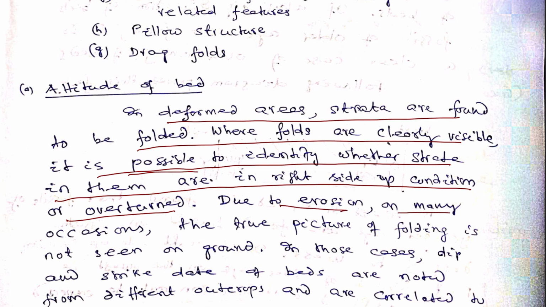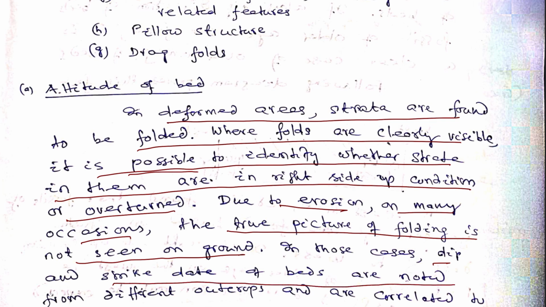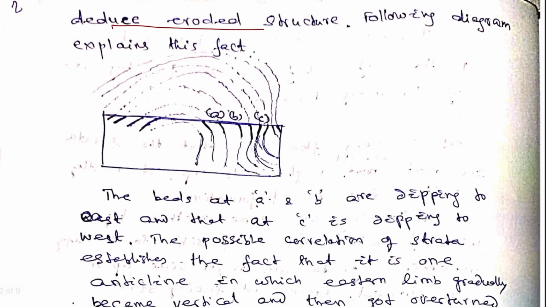But due to erosion, on many occasions, the true picture of the folding is not seen on ground. There, we take into account the dip and strike data available in different outcrops, and we try to correlate them in order to deduce the eroded structure.